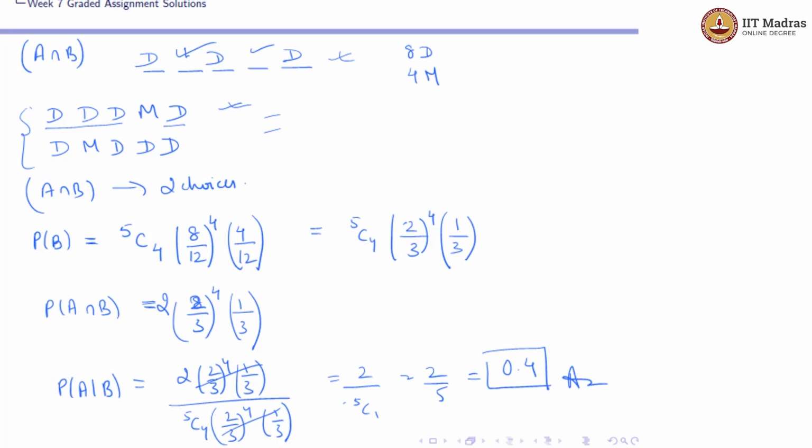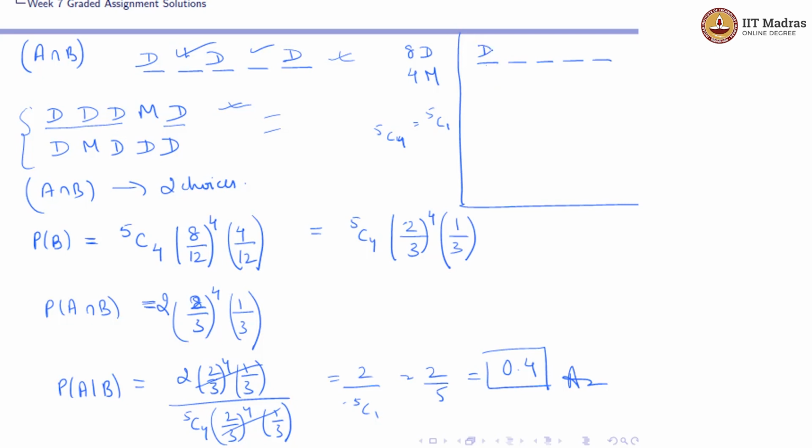We will see one more way to solve this question. As you know, 4 out of the 5 in the sample are dark. So let's say first, second, third, fourth, fifth, and you know that 4 are dark. You can choose in 5C4 ways, that is nothing but 5C1 ways.